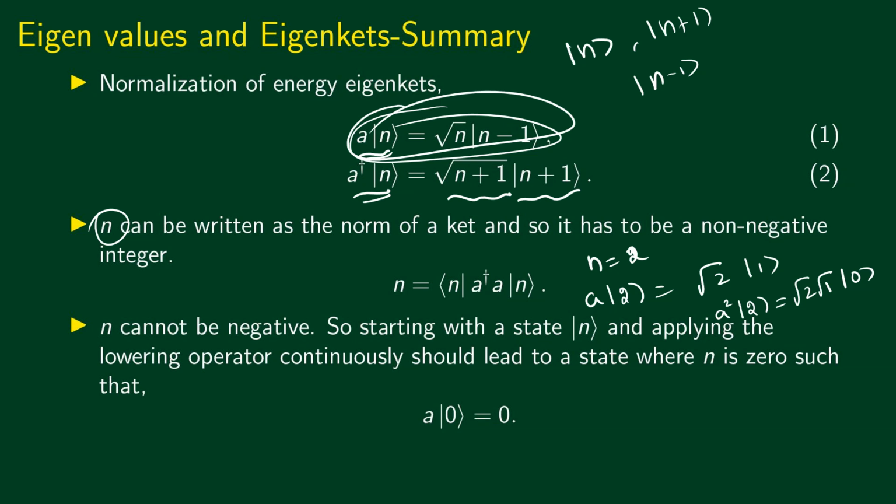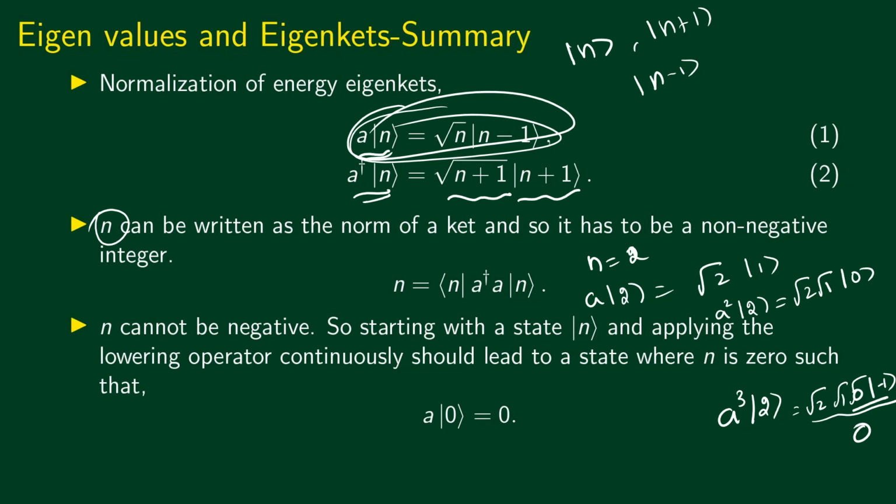Now if we apply the annihilation operator again to this state, what we get is square root of 2 square root of 1 multiplying square root of 0 multiplying ket minus 1. But this is 0 multiplying ket minus 1, which means that this is a null ket. This entire thing is 0.